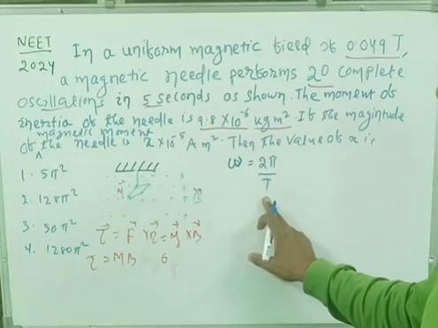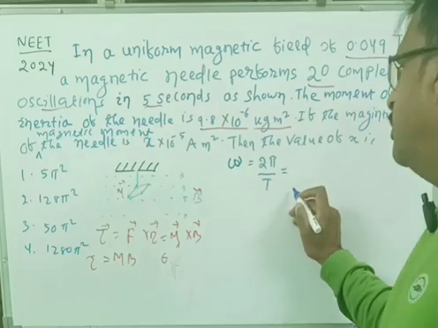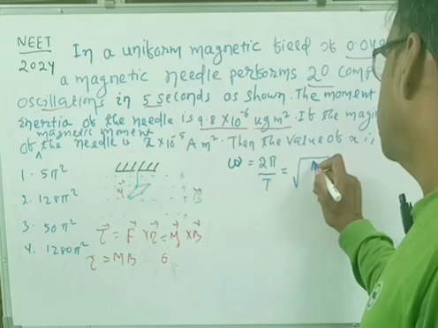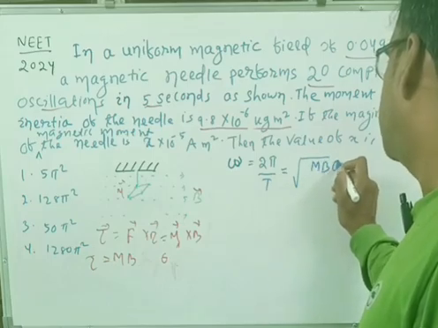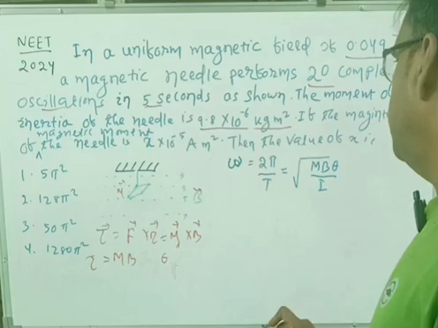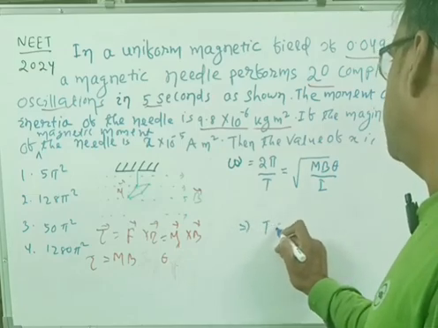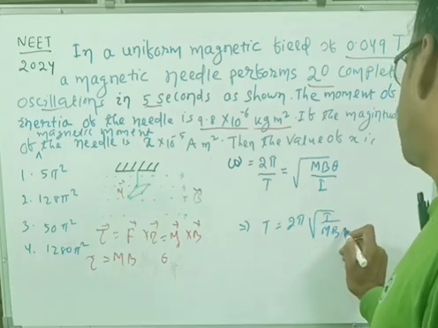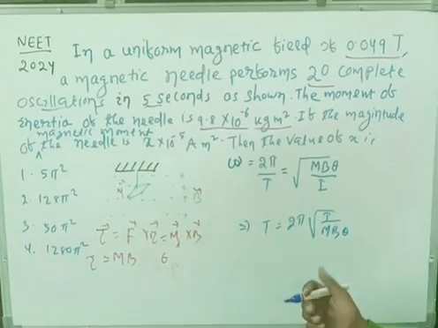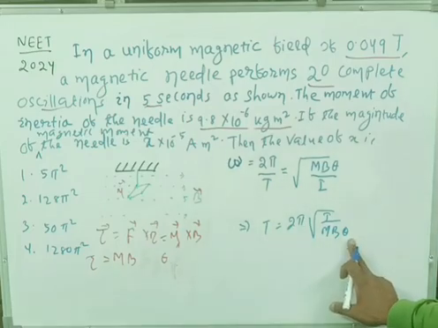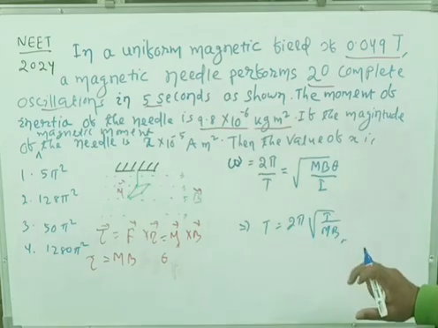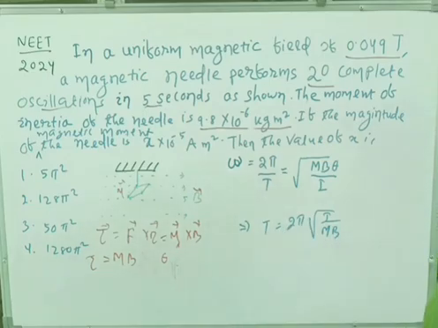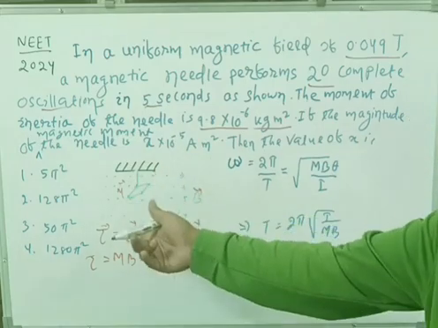This is equal to root over MB theta by I. Or T will be equal to 2π root over I by MB theta, and for small theta this may be considered as 1, and we may replace it with MB. This is the formula for time period of any magnetic needle placed in a magnetic field.